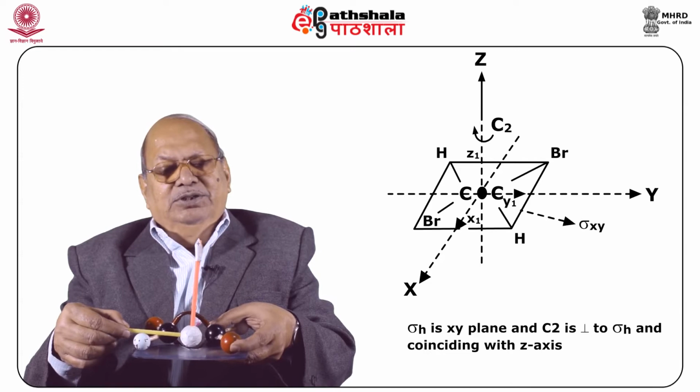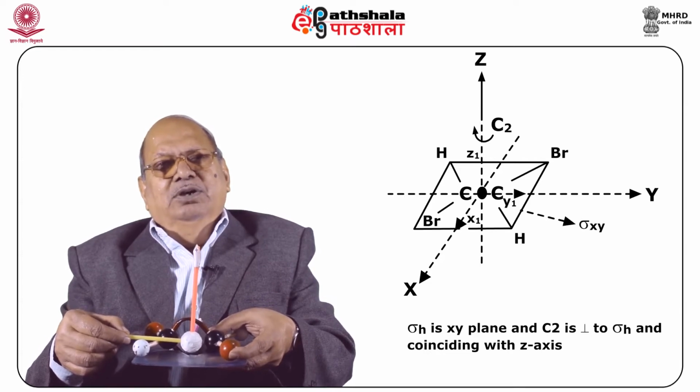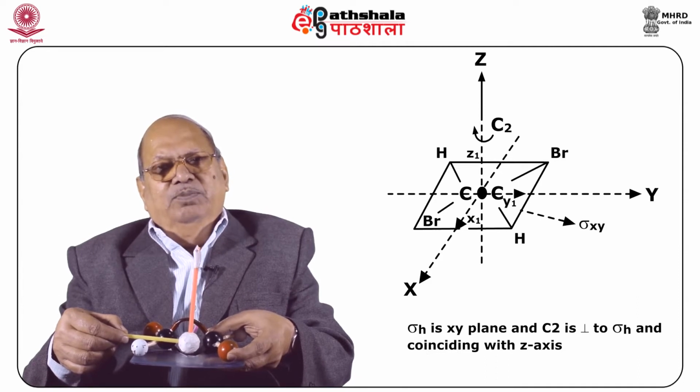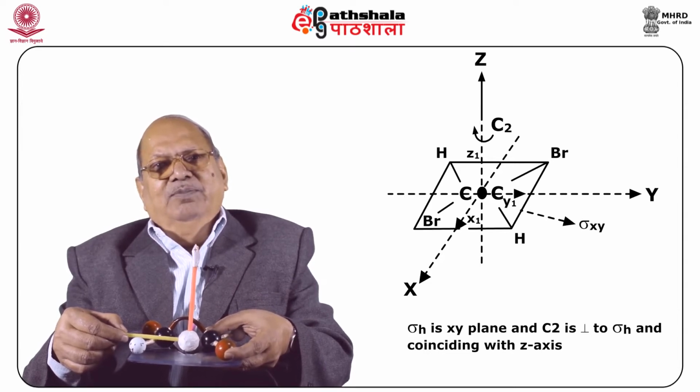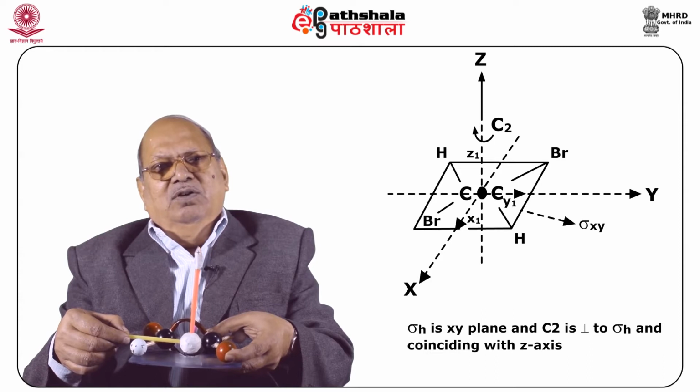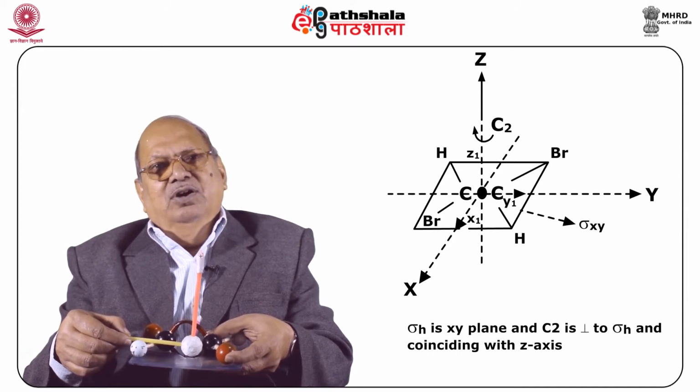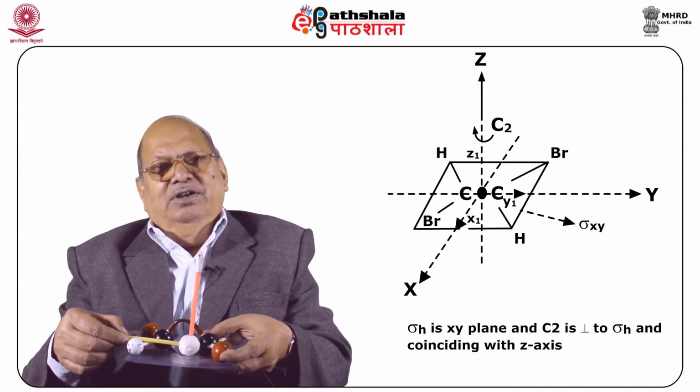In this molecule, I will see the effect of the C2 operation, sigma H operation, I operation and E on these 3 vectors. One by one we will look at how they change when I go for the C2 operation. Now I will concentrate on these x, y, z vectors along the x, y, z axes for further mathematics for this point group.